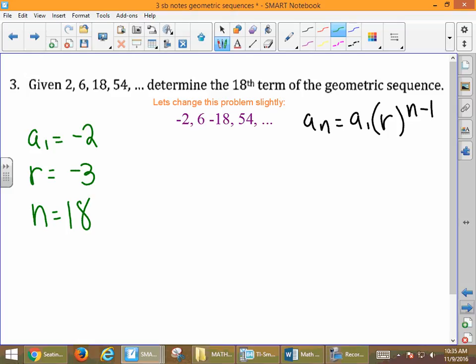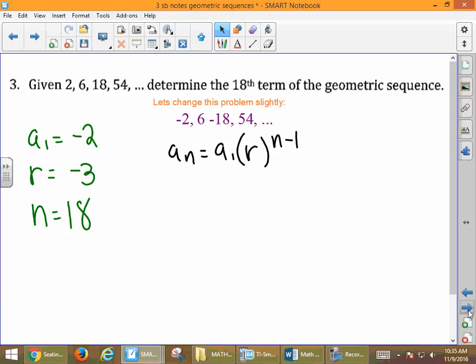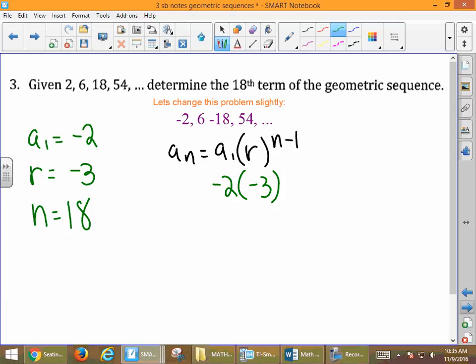And now we can go back and fill this in. And I'm going to scoot that over just a little bit here. So what we have is -2 times -3, and make sure that you put the -3 in parentheses, to the 18 minus 1. This is going to give us our 18th term.